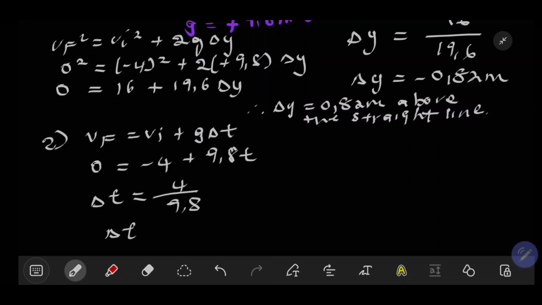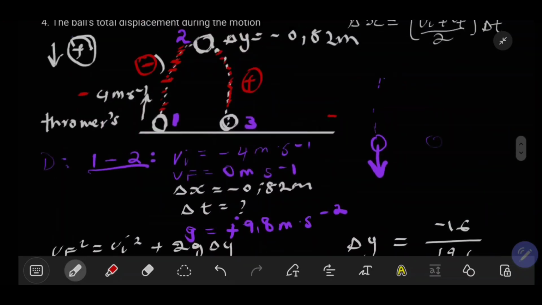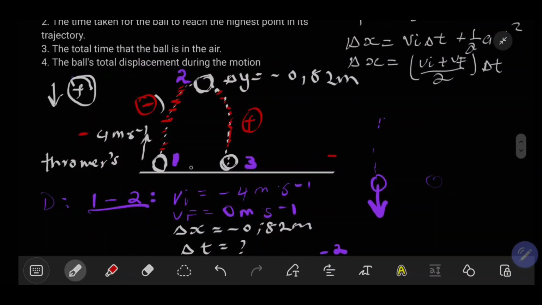The time it took for the ball to reach the maximum height is 0.41 seconds. So the motion of the ball from here to here took 0.41 seconds.